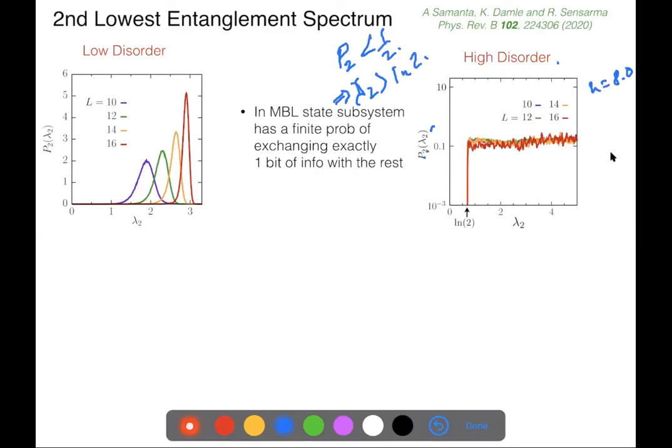This is again shown for different system sizes, and things don't change much. What you see is that the P of lambda 2 equal to log 2 is finite. Just to remind you, log 2 is somewhere here, so P of lambda 2 at log 2 is 0 here.